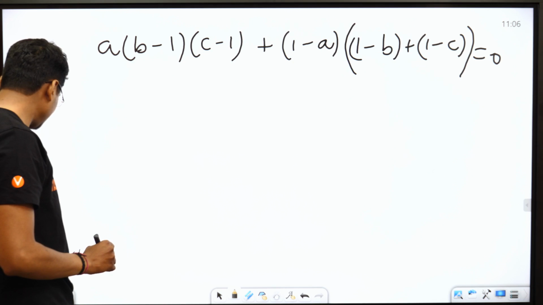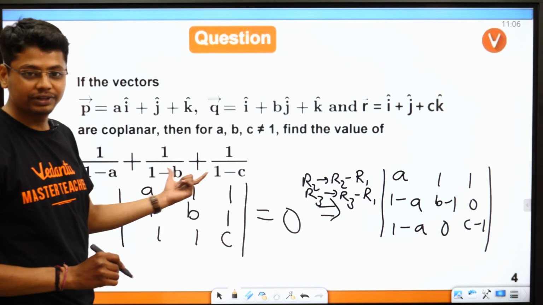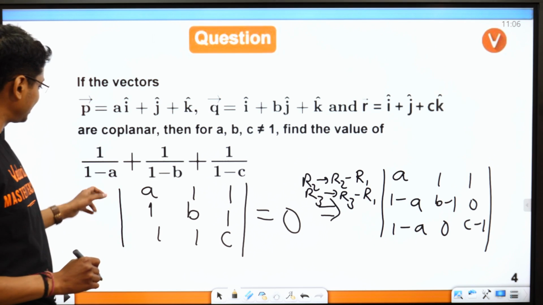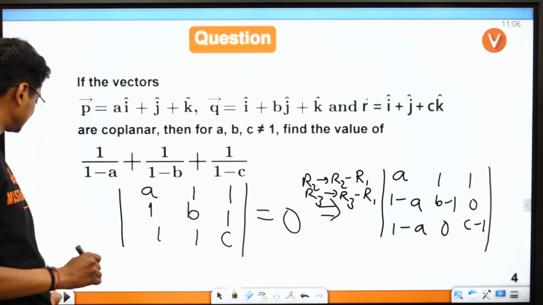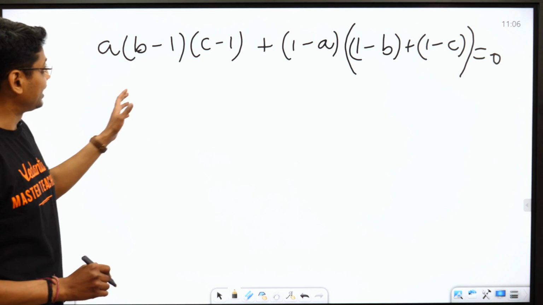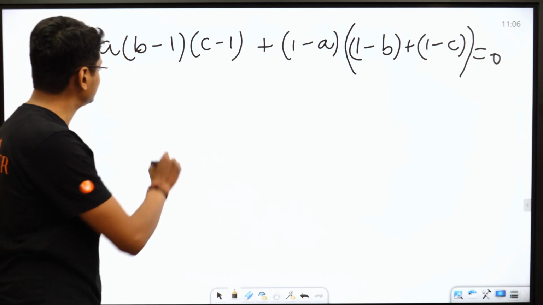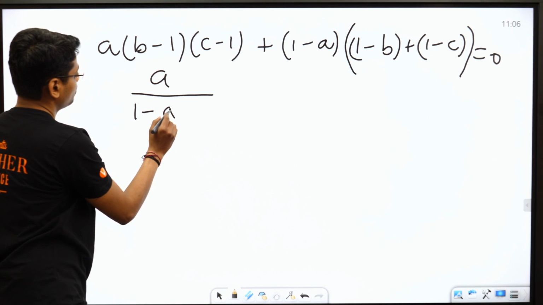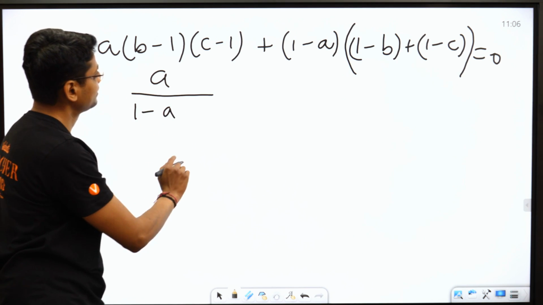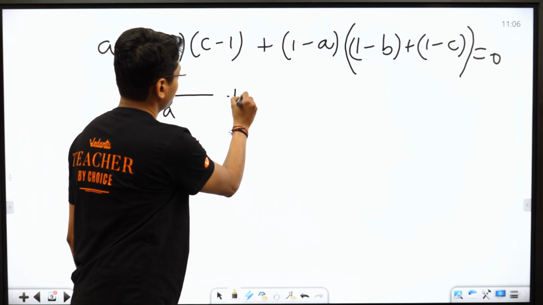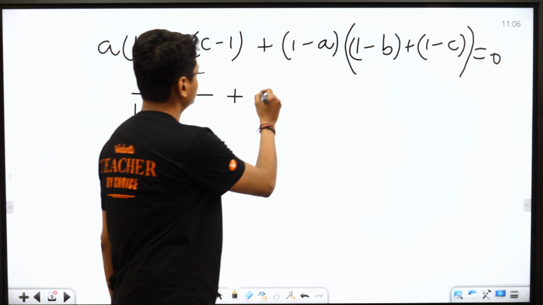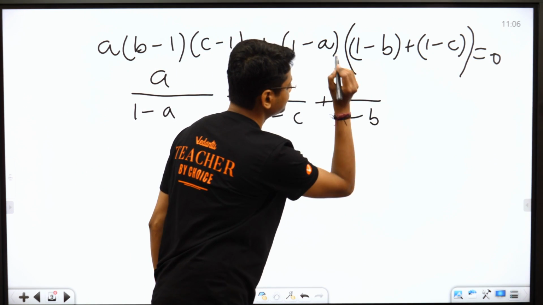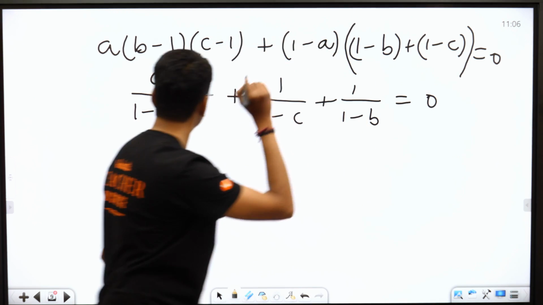Alright, and what is the expression value of which we want? This is the expression. So I'll divide by 1 minus A, 1 minus B, 1 minus C. So dividing by 1 minus A, 1 minus B, 1 minus C, what do I get? A by 1 minus A plus 1 by 1 minus C plus 1 by 1 minus B equal to 0.